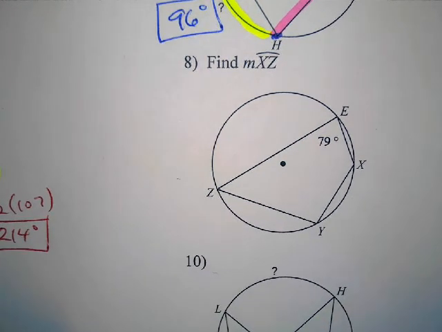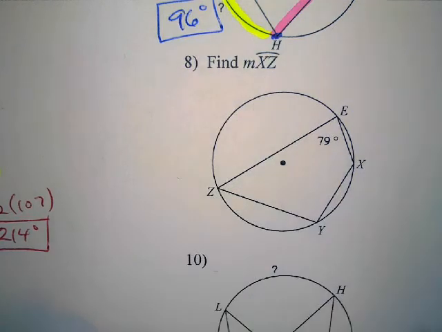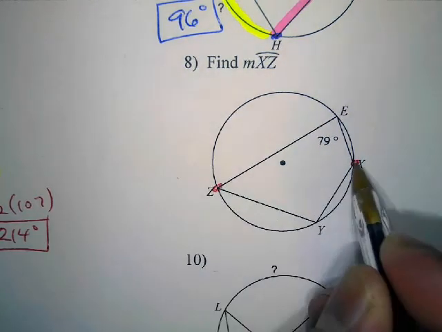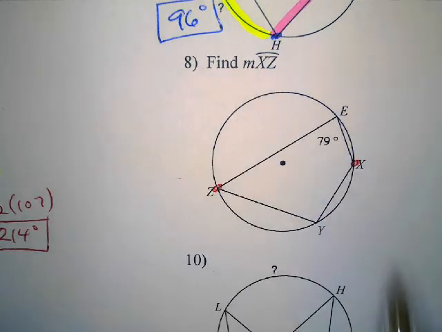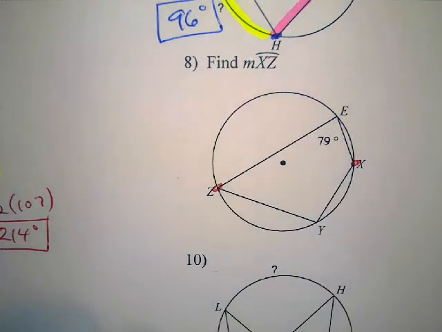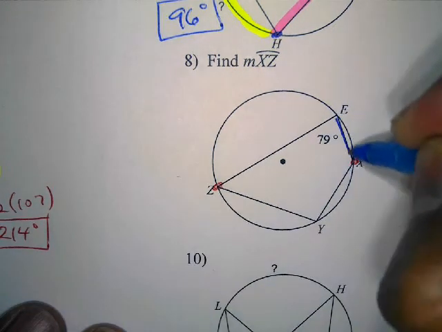Another similar one, find the measure of XZ. Okay, see, this is tricky. I don't like the way they did this. I don't know if I should go this way or this way. Well, I think it's this way, right?